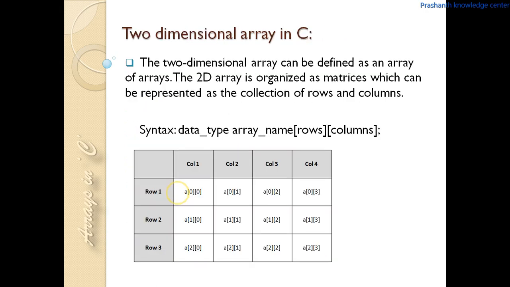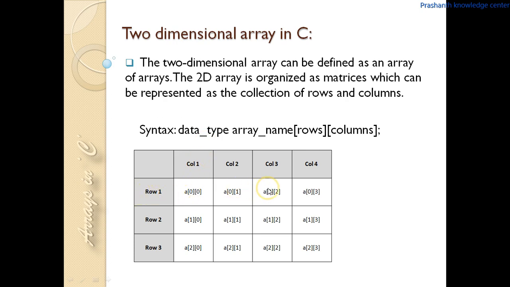And next, the two-dimensional array. A two-dimensional array means both rows and columns can be represented, just like matrices. The syntax will be data type, array name, row size and column size. Each row size and column size will be given here. For example, if we are going with a 3 by 4 matrix, then the memory will be like this.